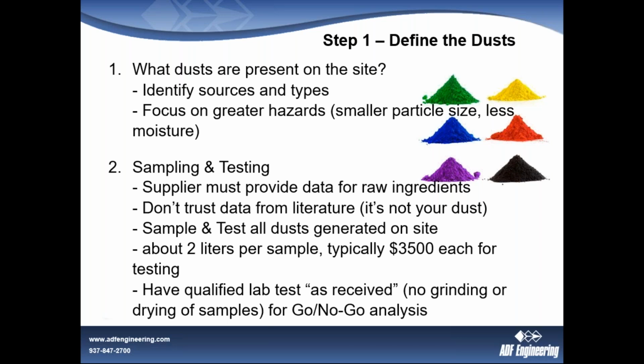Well, if you really want to know if the material that maybe you're packing on a packing line is combustible or not, or how hazardous is it in the condition that you're handling it, then you want to have them test it as received. Because the first test they'll do is a go, no go analysis.